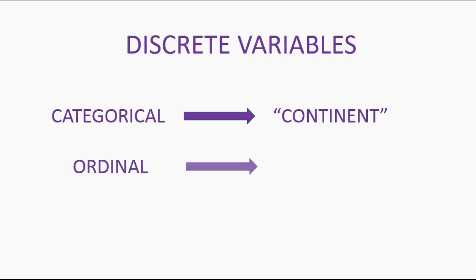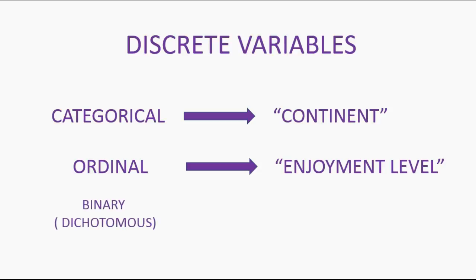Ordinal, for example, the answer to the question, how much enjoyment did you derive from going to the East Meadow Pool on a scale from 1 to 5? And of course, there are binary discrete variables, also called dichotomous, which could have only 2 possible answers, like gender.